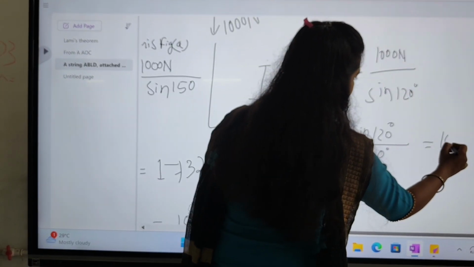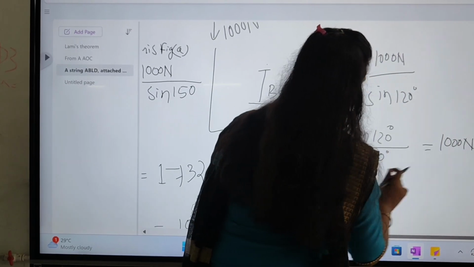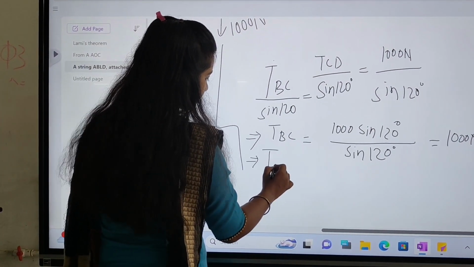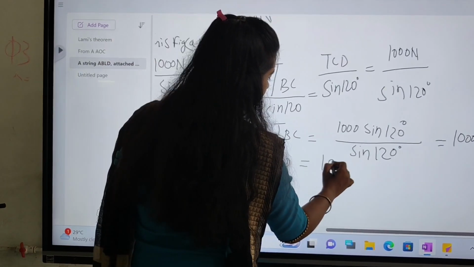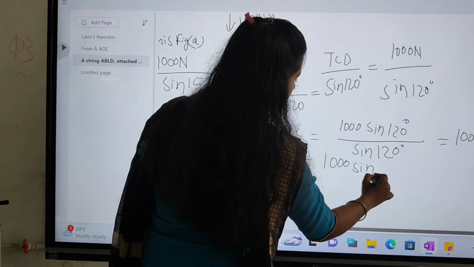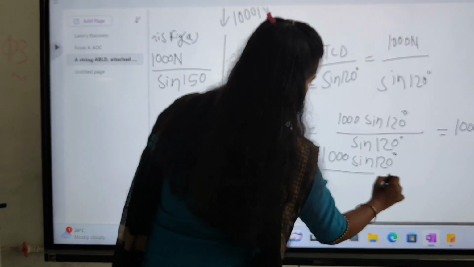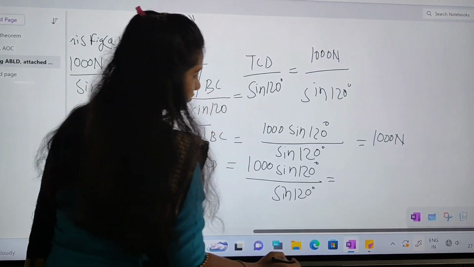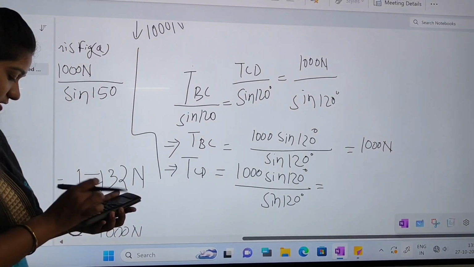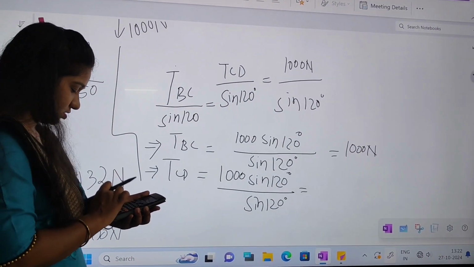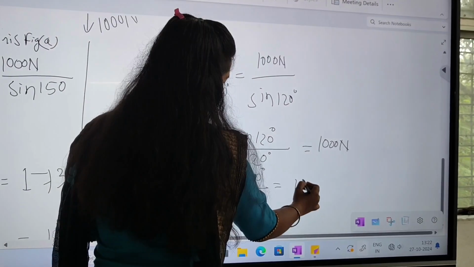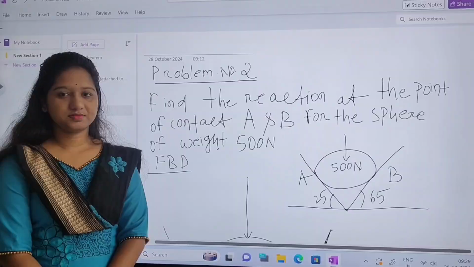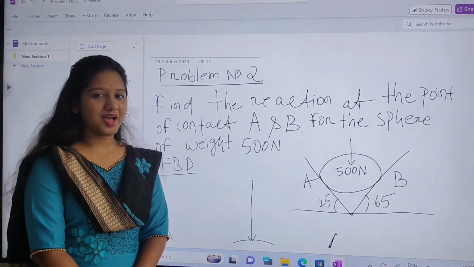So we find out, already we find out 1000 Newton, and another string TCD equal to 1000 sine 120 degree divided by sine 120 degree equal to, we calculate this value in calculator. So this one also is 1000 Newton.